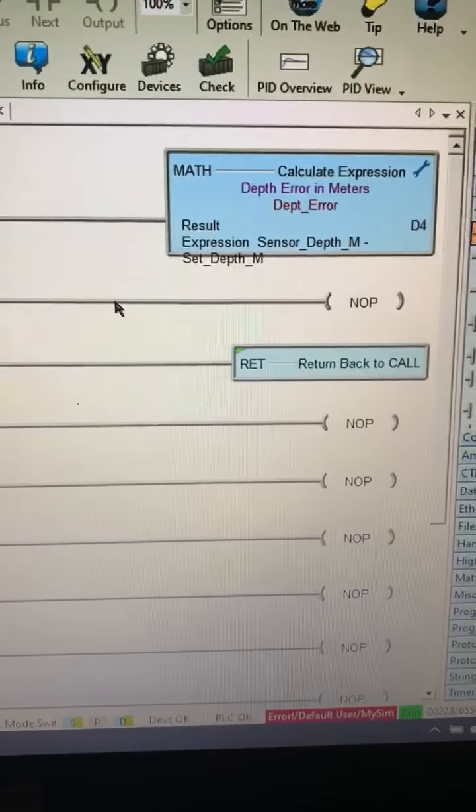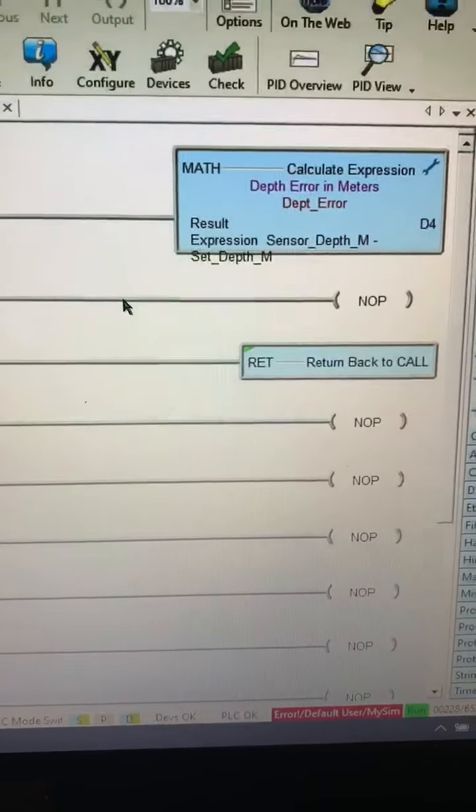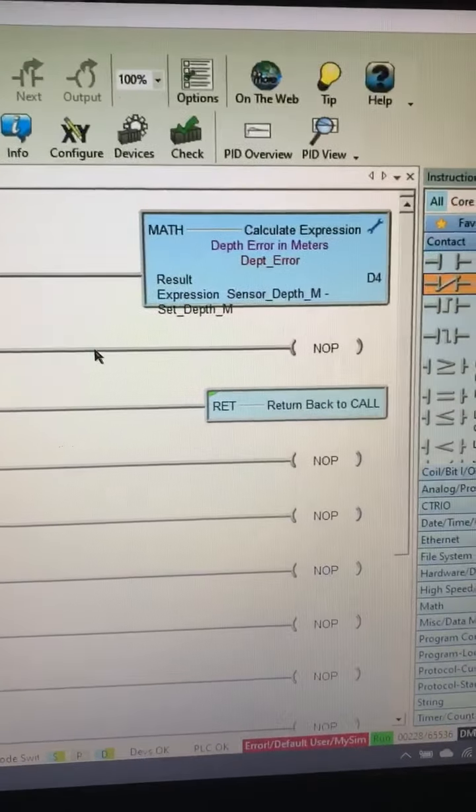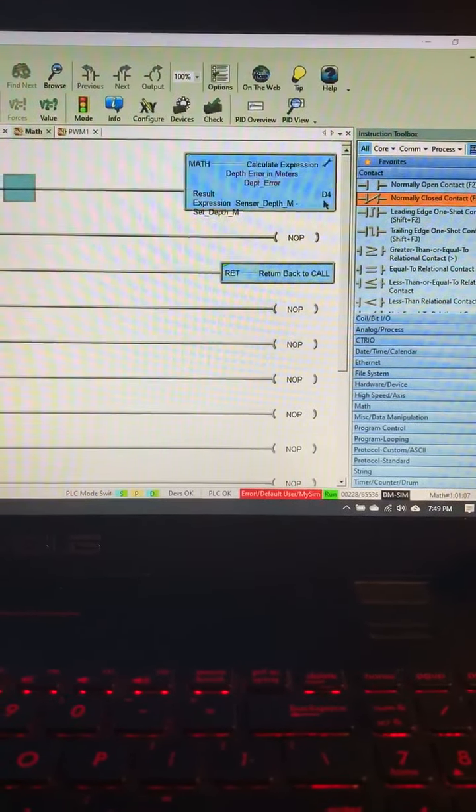So if it's above it, it's positive, and if it's below it, it's negative. And that tells it which way the servo motor needs to go. So when it does that, it outputs on D4 here.